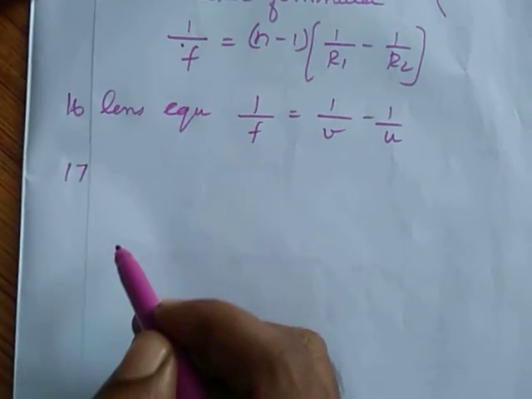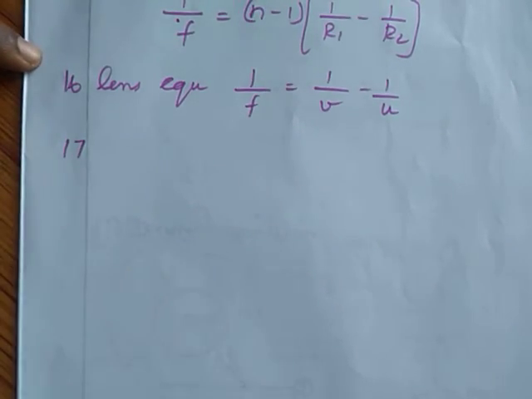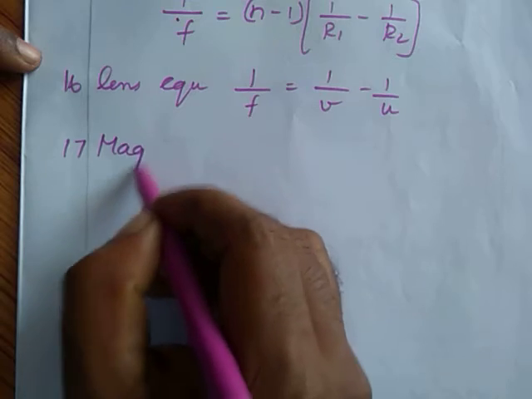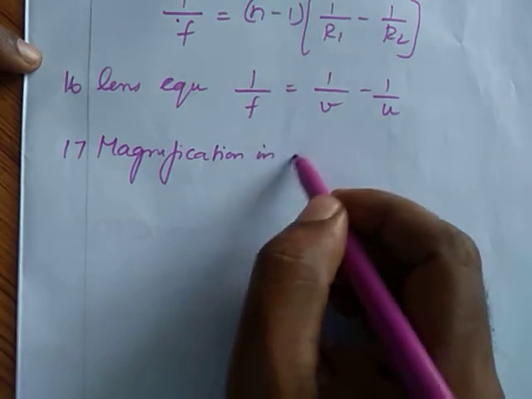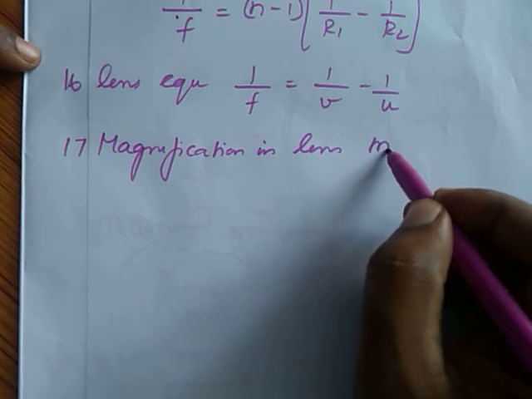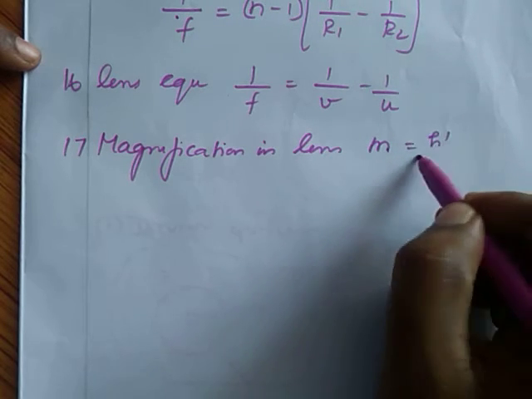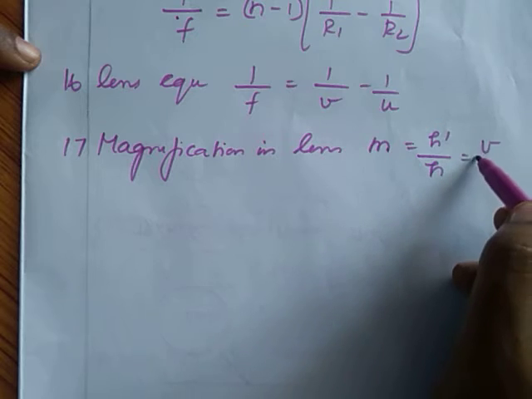Then the next one, the magnification produced by a lens. In a lens, that is indicated as m. m is equal to h dash by h, that is equal to v by u.